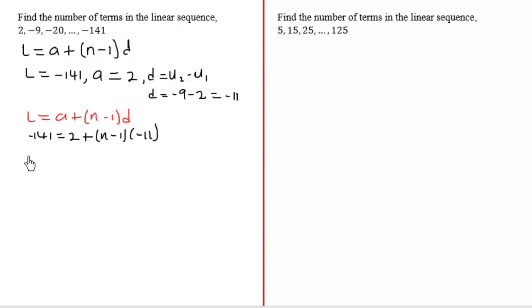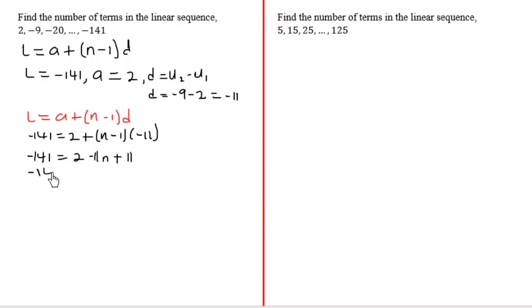Alright, so let's expand the brackets by multiplying -11 by those in the bracket. So n times -11 will give us -11n. -11 times -1 will give us +11. Good.